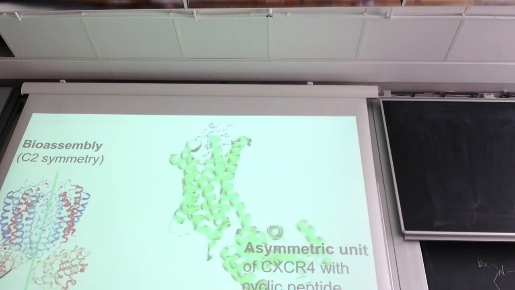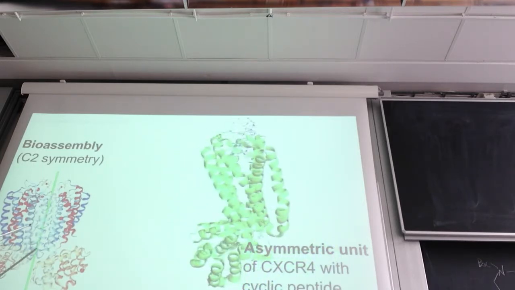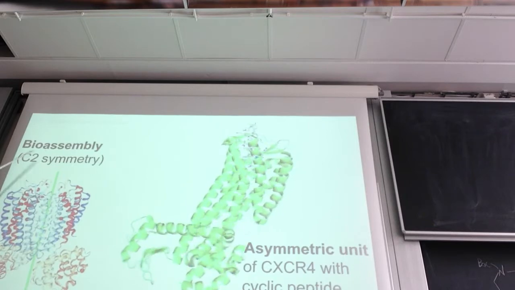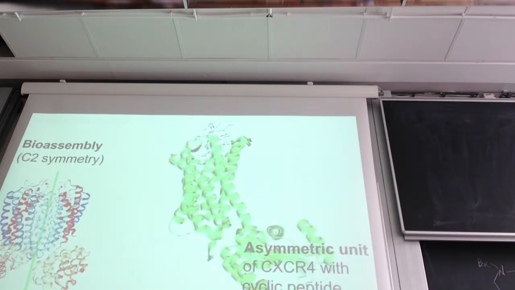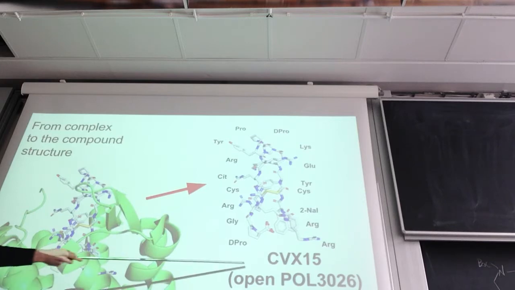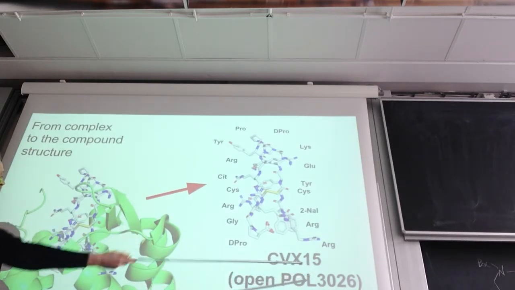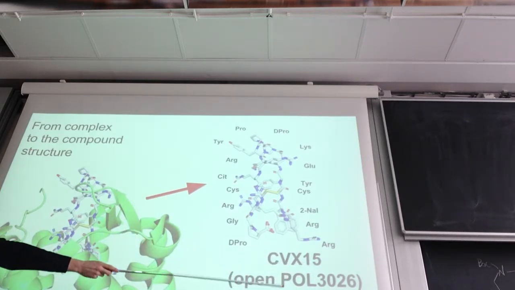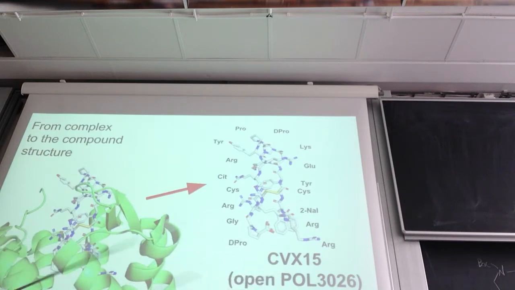As we know, it's a 2-fold dimer, and it has in situ symmetry. And now let's look at the binding state of our compound to the protein. This is CVX15. It's an open analog of POL3026.